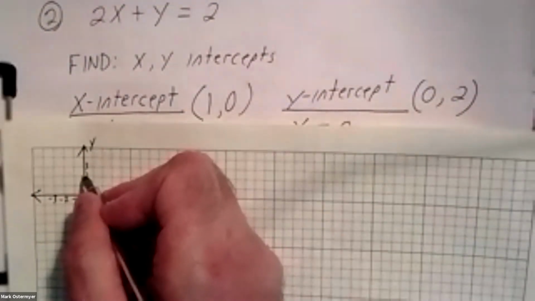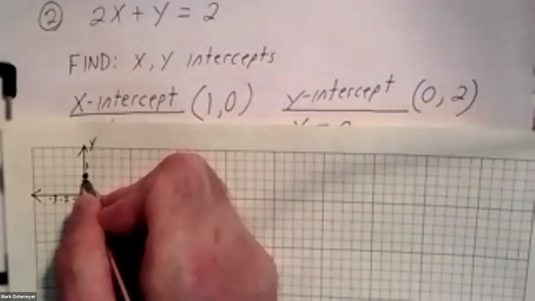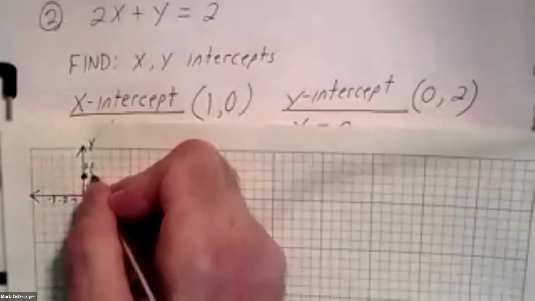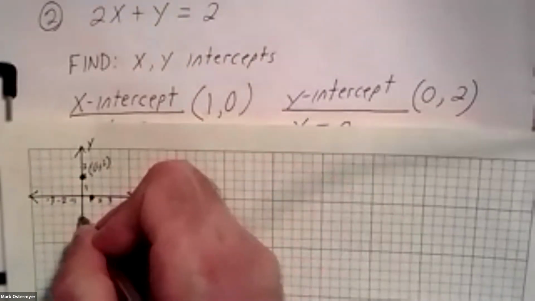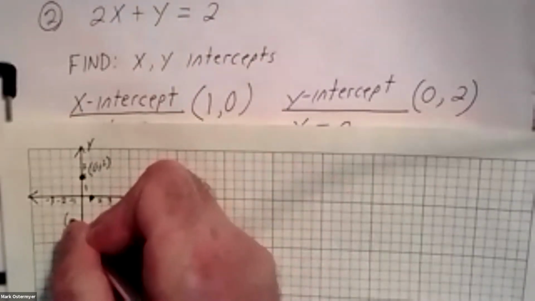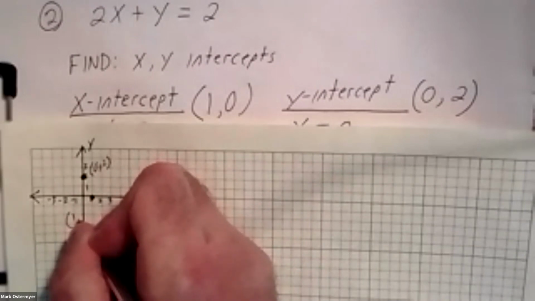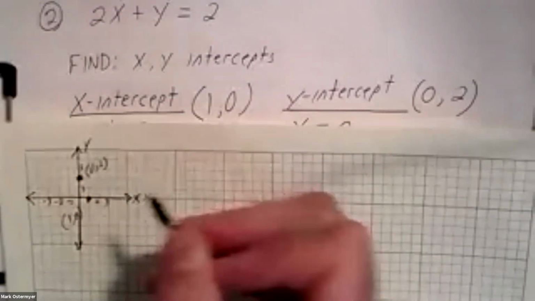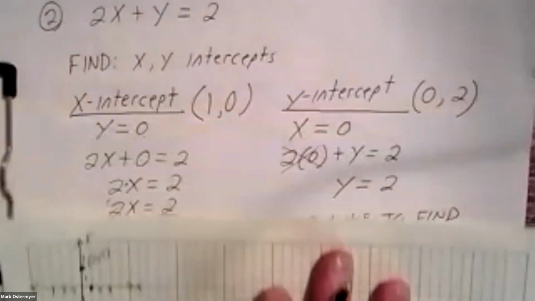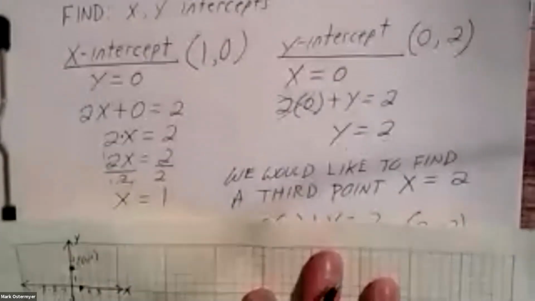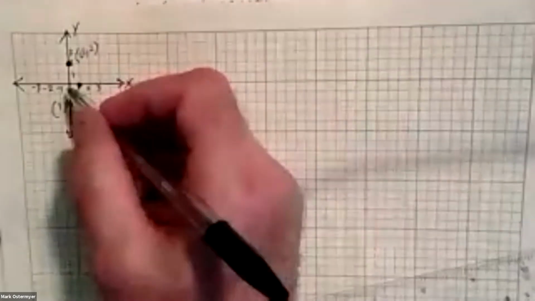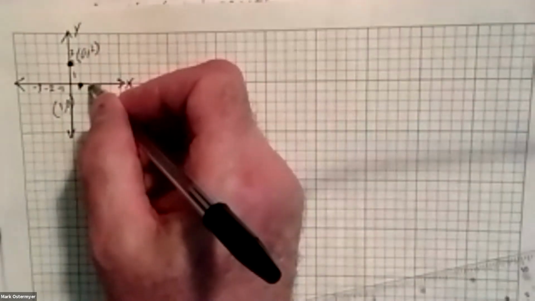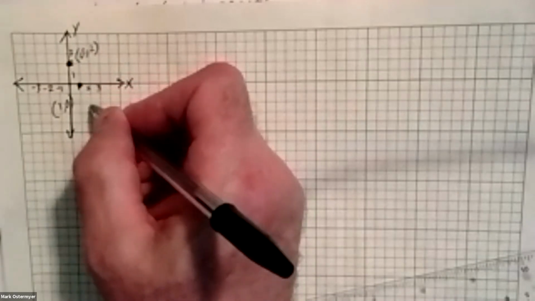There's 0, 2. Now we plot the third point we found, 2, -2: start at the origin, go 2 to the right, then down 2.